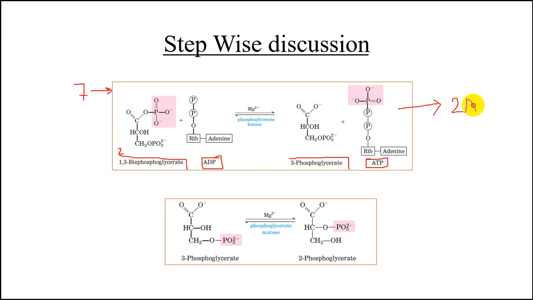So in the seventh step, 2 ATP is obtained. Now let us come to the eighth step. The 3-phosphoglycerate is converted to 2-phosphoglycerate with the help of phosphoglycerate mutase.